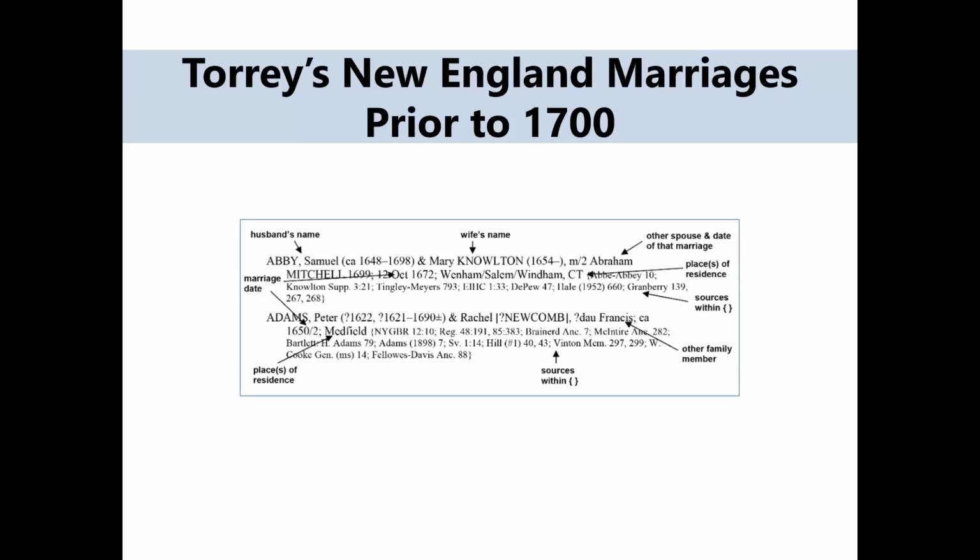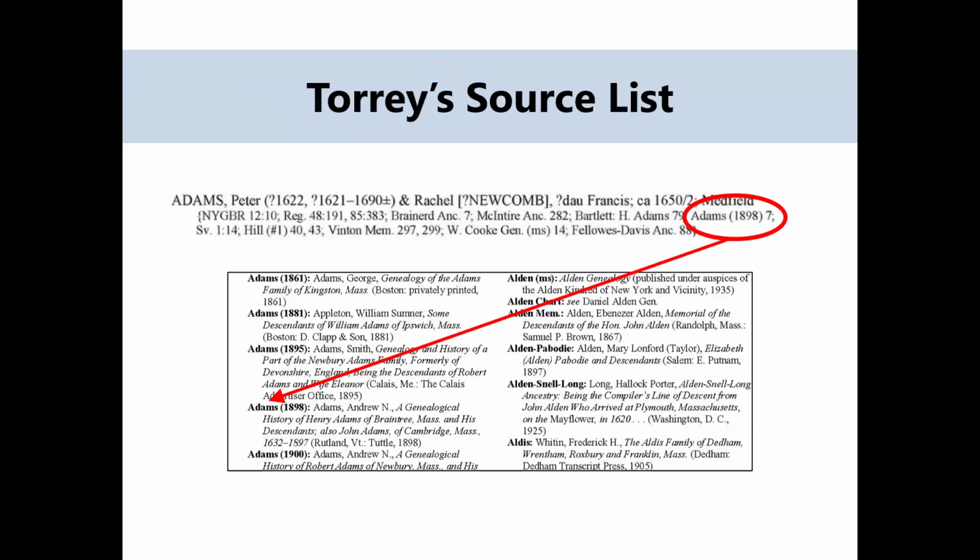The abbreviations are decoded in a separate source list that's actually at the bottom of our search window for this particular database and can lead you to some valuable published resources. And so here we see we've circled Adams, 1898.